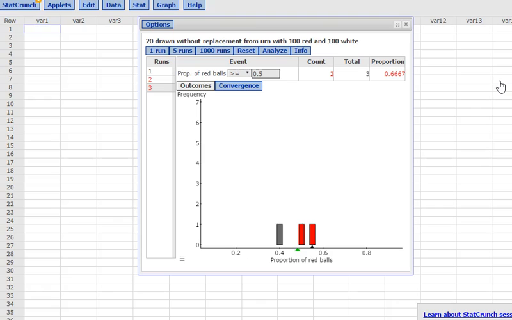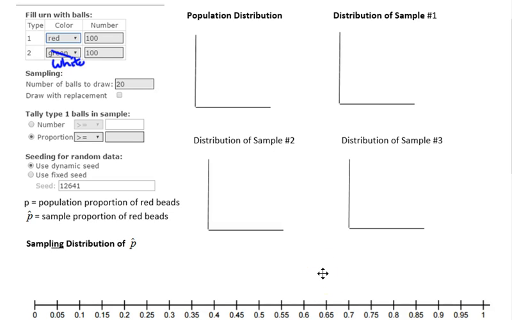So we're going to fill in some information on our notes about this. I start with the distribution of red and white beads in which 50% are red and 50% are white. So here's my red beads, here's my white beads. My population proportion of red beads is 0.5.